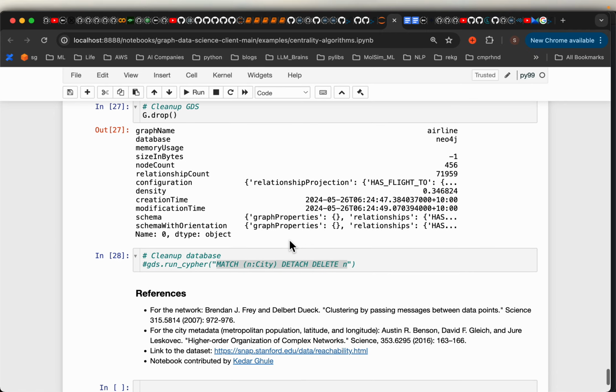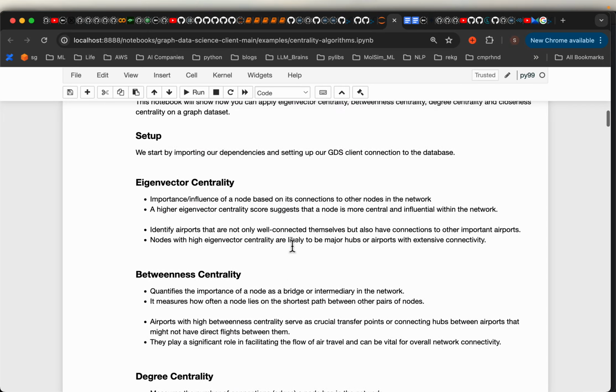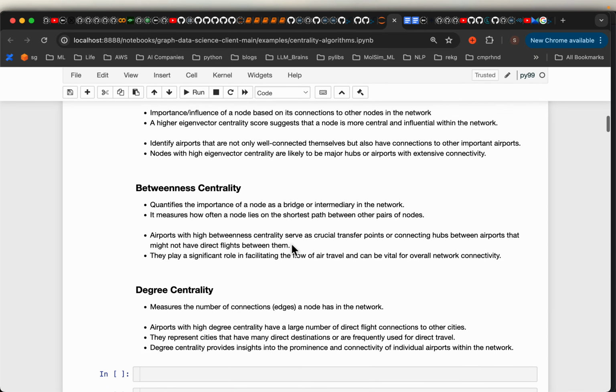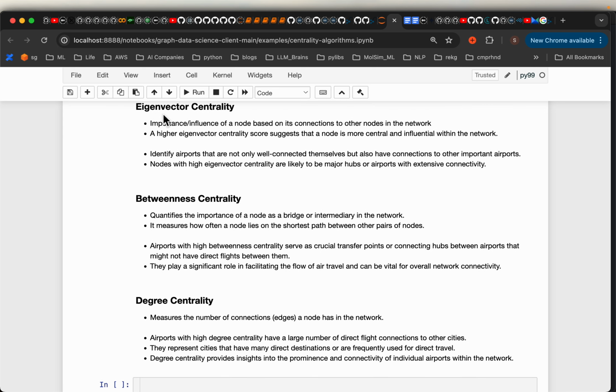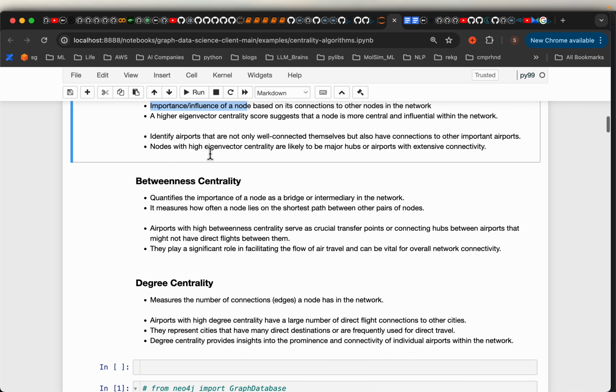Okay. All right. Let's go back to our three definitions. So I'll quickly revise. Eigenvector centrality measures how important or influential a node is in relation to other important nodes in the network.